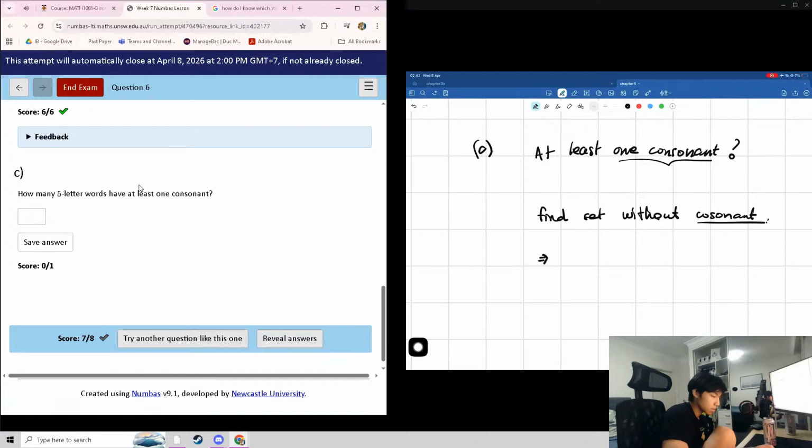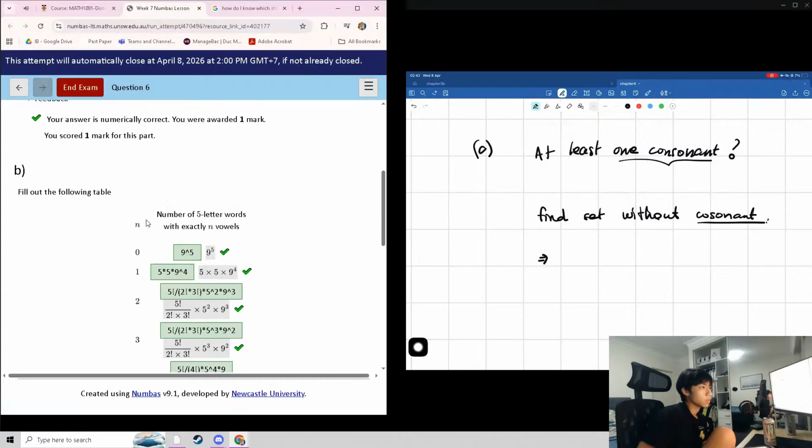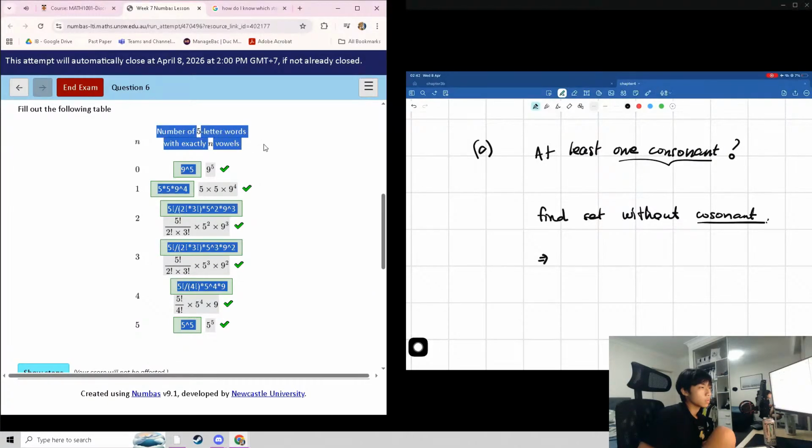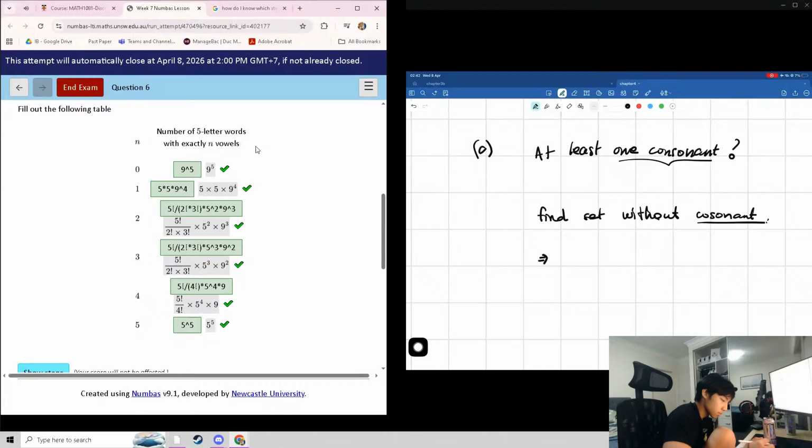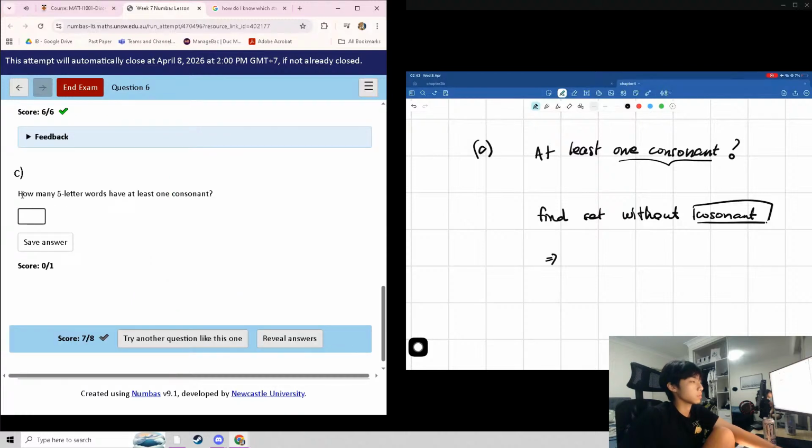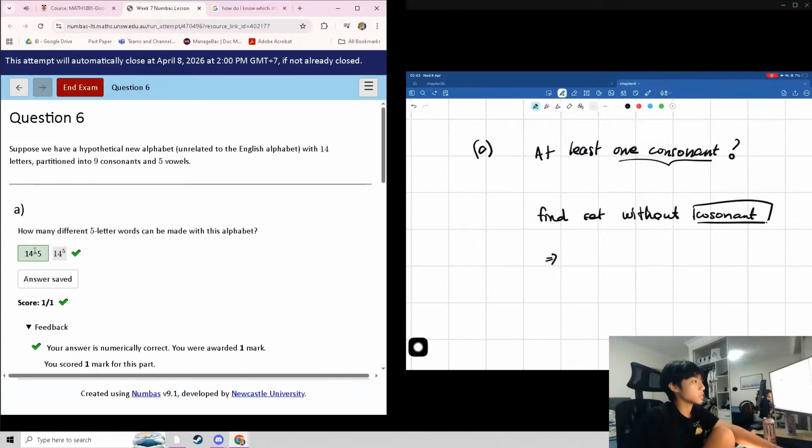That without consonant. Choose. Oh, which is this? Right? Yeah, it's all 5 vowels. So the maximum is that.